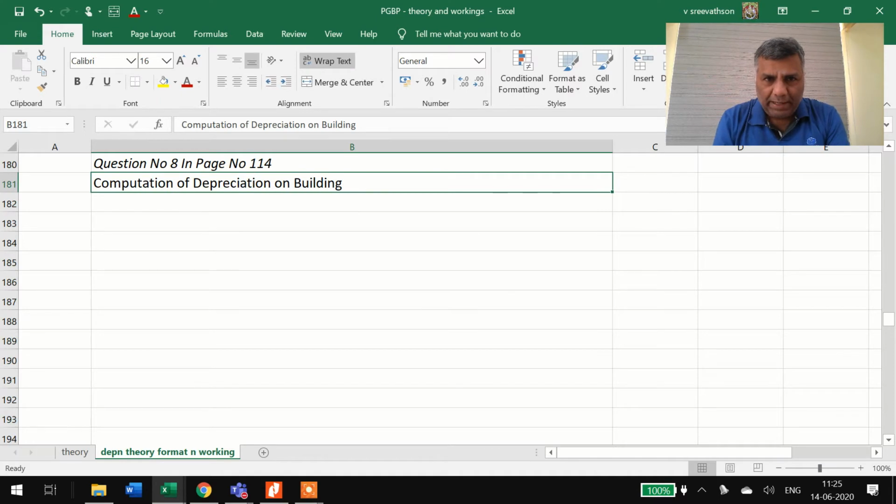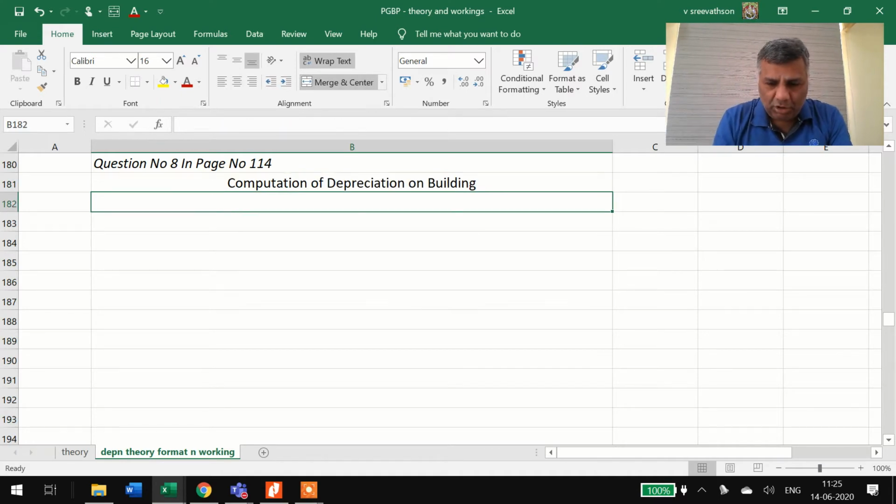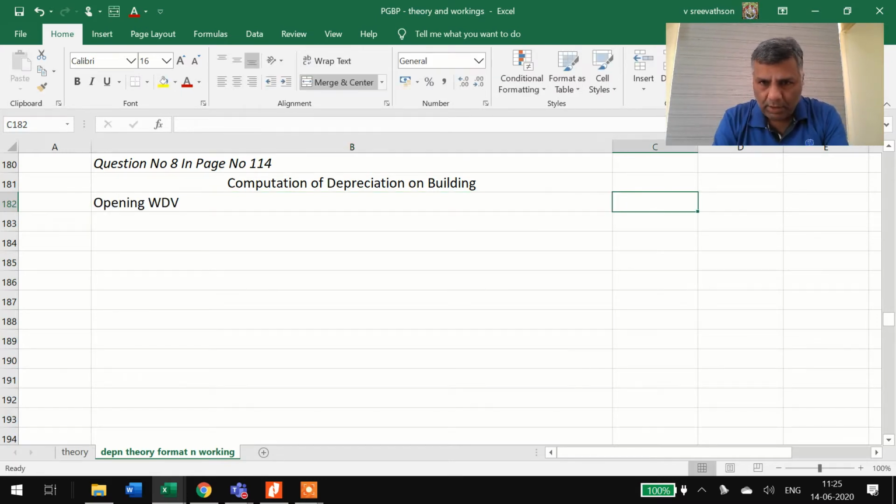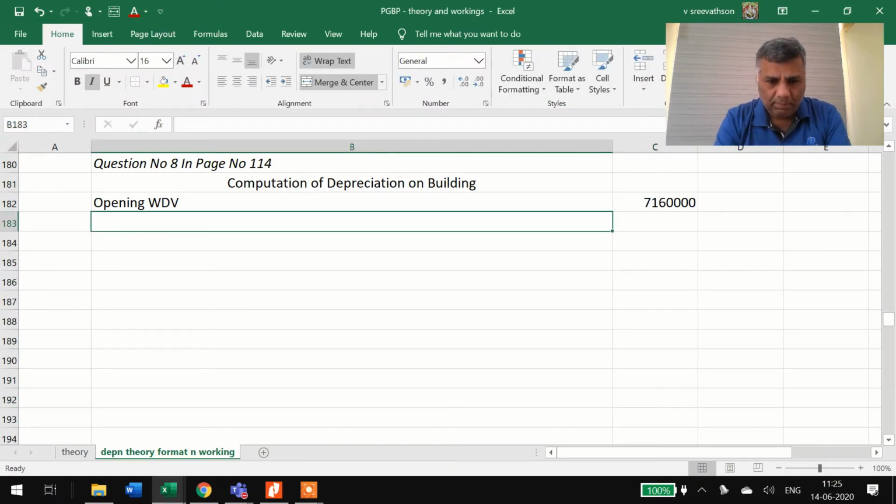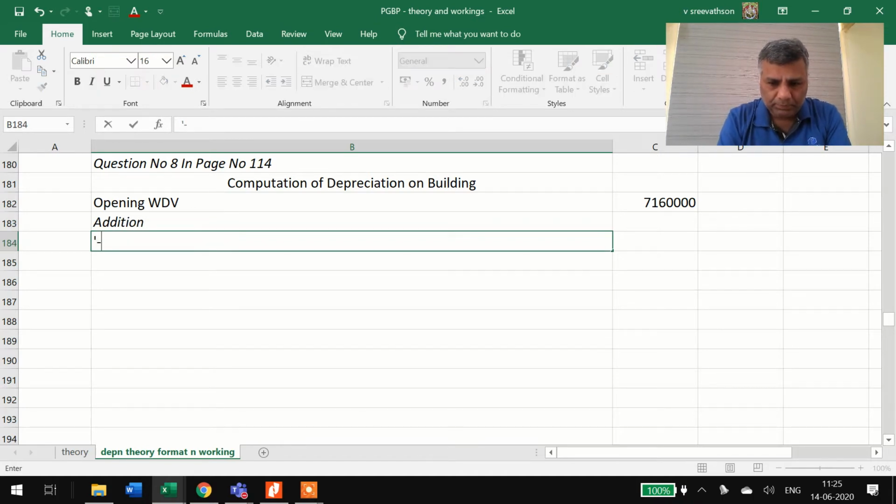So while computing, I will ignore that such an event happened. Opening WDV 71,60,000. Addition put to use for 180 days or more.